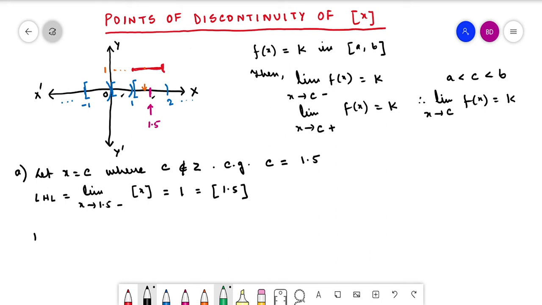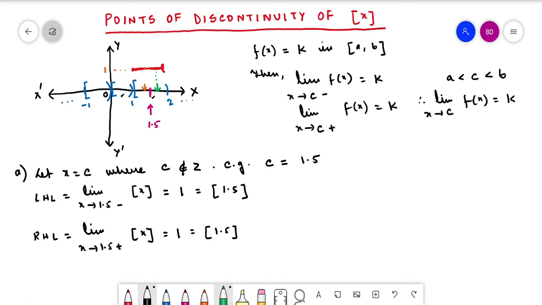Now let us see the right hand limit. The right hand limit is the limit as x tends to 1.5 from the right of the function box x. So this time my x is here, slightly greater than 1.5, approaching 1.5 from the right. Again, for this value you see the functional value is again the constant k, which is 1 here. So again the value of the limit is 1, which is box 1.5.